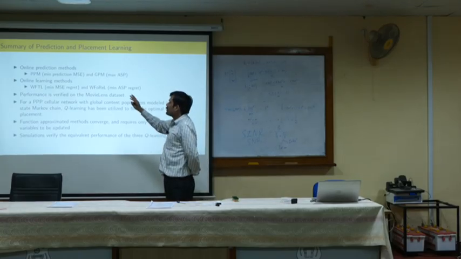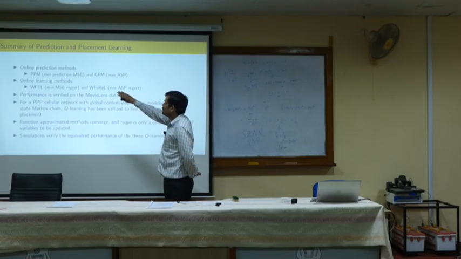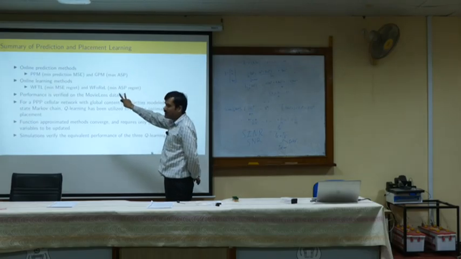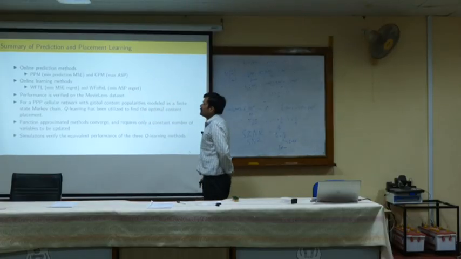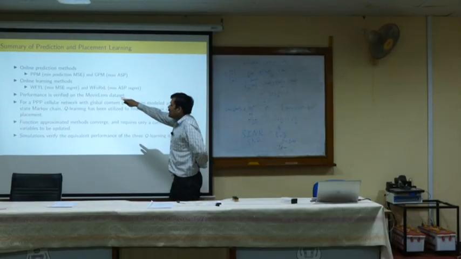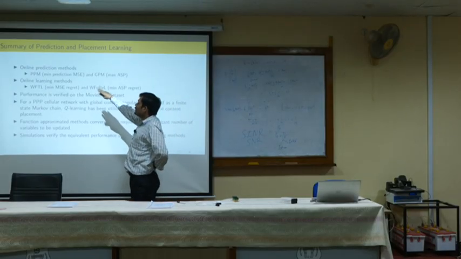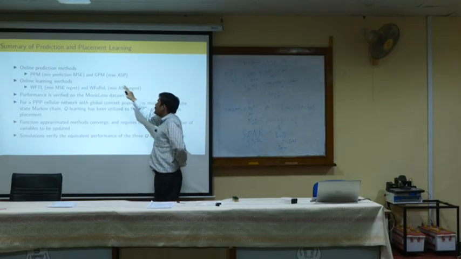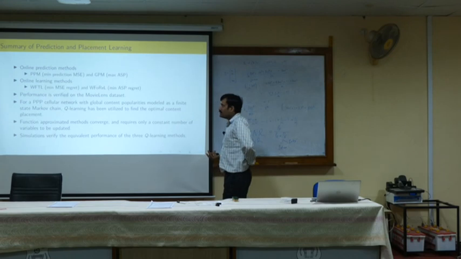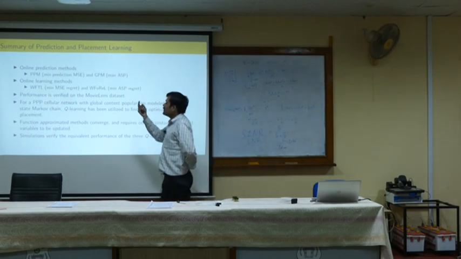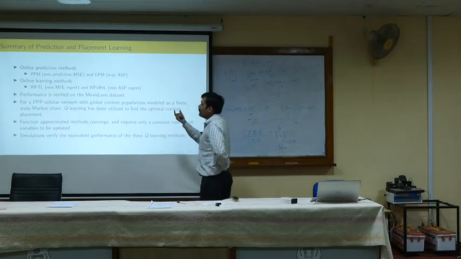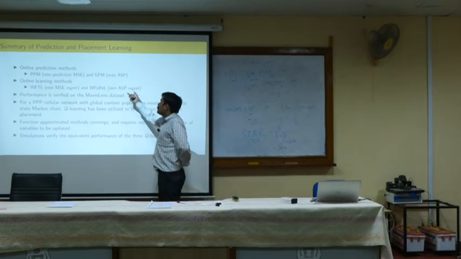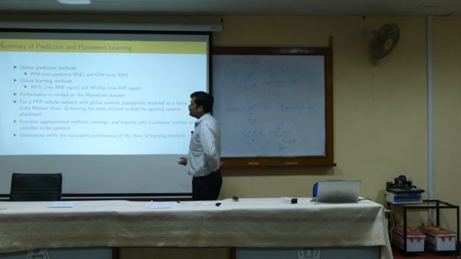So this is the summary of whatever we have talked about for edge caching. We have shown you this online prediction method. Two methods were there: PPM, popularity prediction model, and GPM, Grassmannian prediction model. Popularity prediction model is good for minimizing the MSE, and GPM is good for maximizing the ASP. The WFTL method, that is the online learning method, is good for minimizing the MSE regret, and the W4L method is good for minimizing ASP regret.